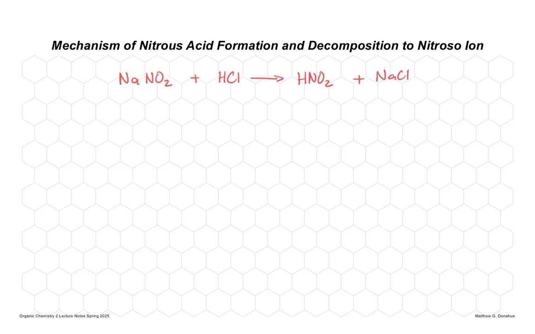Sodium nitrite is a solid. HCl is a clear, colorless aqueous solution. You react them together to form nitrous acid because you can't buy it. You just make it and then use it immediately.